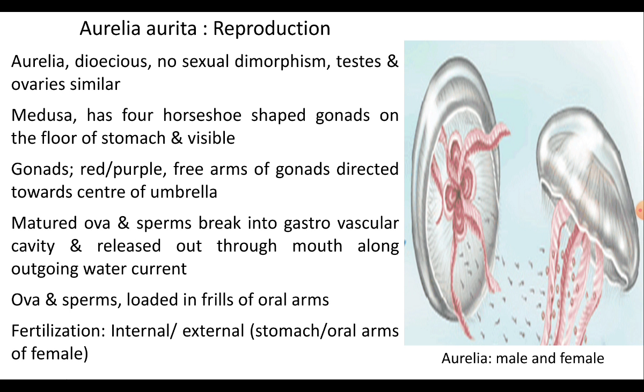On maturity, the ova and sperms are released into the gastrovascular cavity and pass out of the mouth with the outgoing water current. The eggs or ova are lodged in the frills of the oral arms.